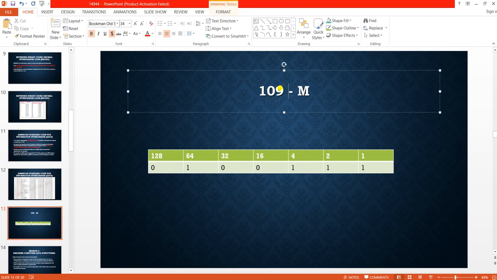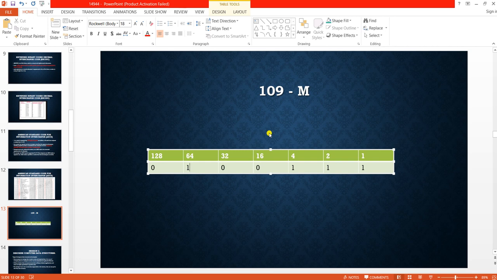So let's say 109 for lowercase m. How many times does 128 get into 109? 0. How many times does 64 get into 109? Once, and 109 minus 64, that's 45.